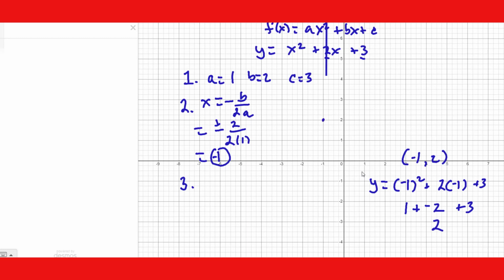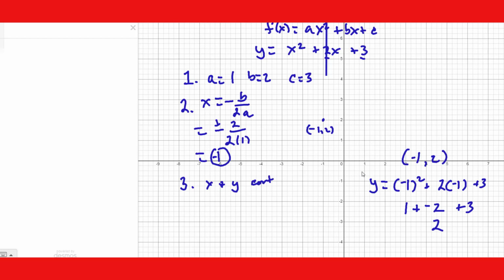So we've got a parabola that's got a vertex at negative 1, positive 2. Now, how did we get the negative 1? Negative b over 2a. Once we figured out what that x value was, then we plugged it into our original, and we got that y value. All right? All right, so that was step number 3. We found the x and y coordinates of the vertex.